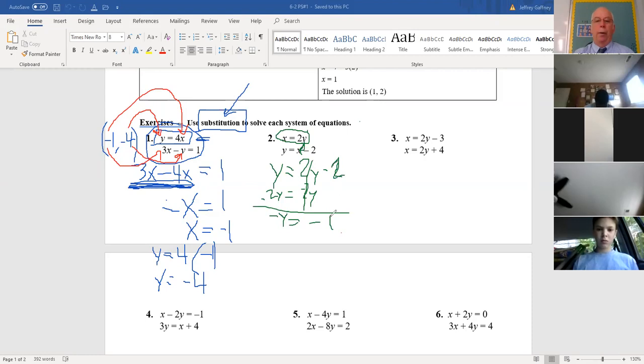Minus 2, yeah. And then I subtracted 2y from both sides of the equation. We get -y equals -2. And we're not solving for negative y, we're solving for positive y. So we get y equals 2.